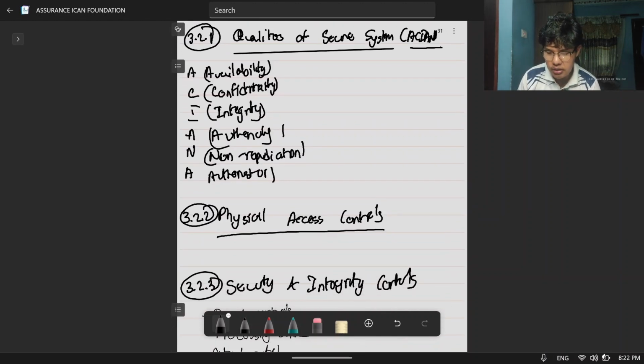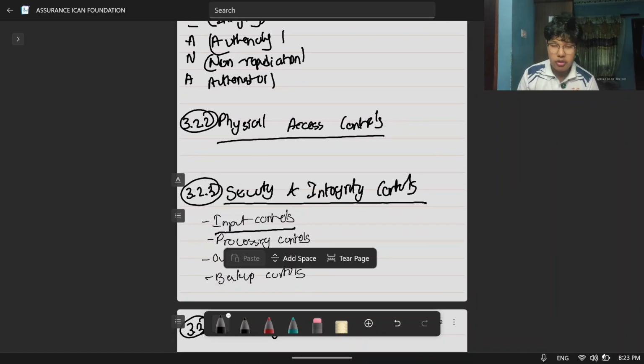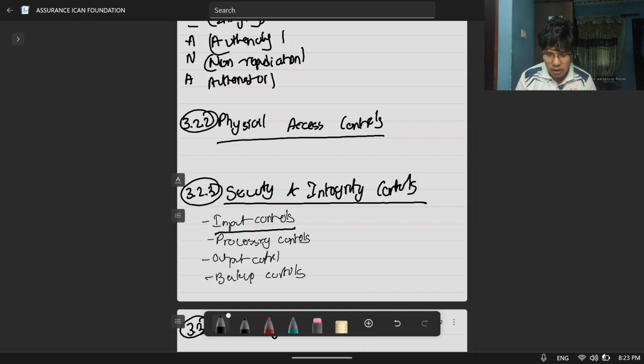And then we have got physical access control. यो भनेको चाहिँ the protection of the physical databases or hardware by security guards, door locks, disaster proof buildings and stuff. And then we have got system security and integrity controls. Input controls make sure the data we input in the system is accurate and correct.